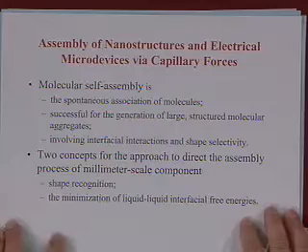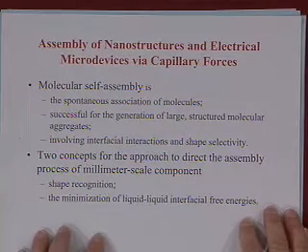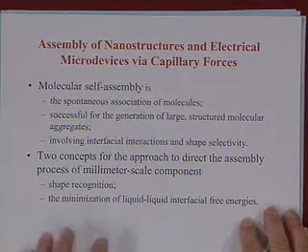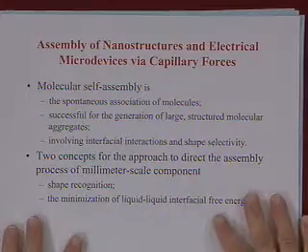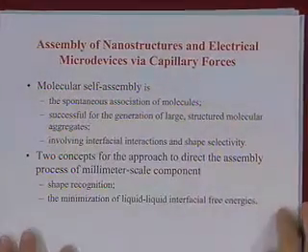People thought about self-assembling for nanostructures, and first they wanted to follow some ideas from molecular self-assembly, which occurs in nature.